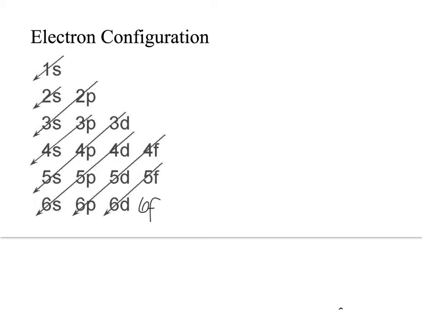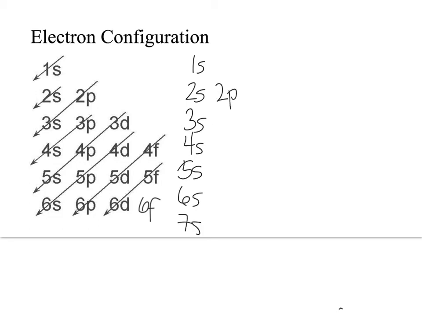This chart is one of the main things that you need for electron configuration. Try to memorize it. Try to learn how to draw it. Yes, the arrows do matter. Let me show you, though, how to draw this. It's very simple. You do 1S, 2S, 3S, 4S, 5S, 6S, and I actually normally go to 7S. 2P, 3P, 4P, 5P, 6P, 7P.